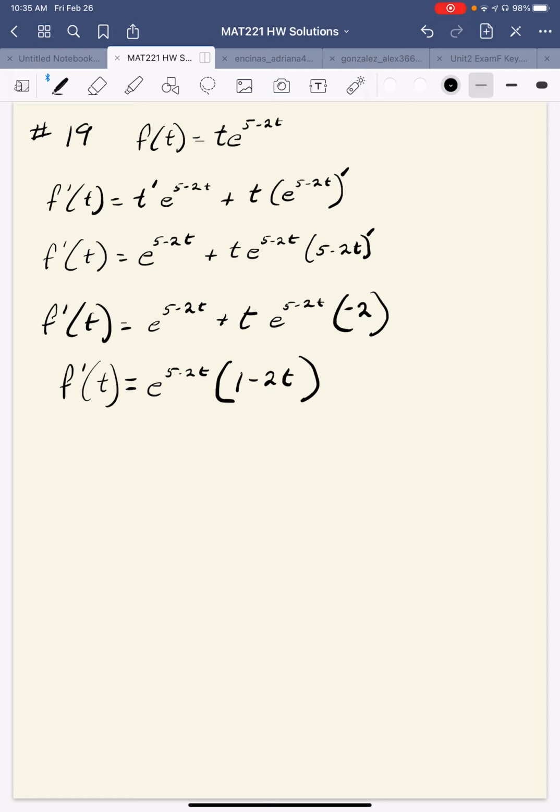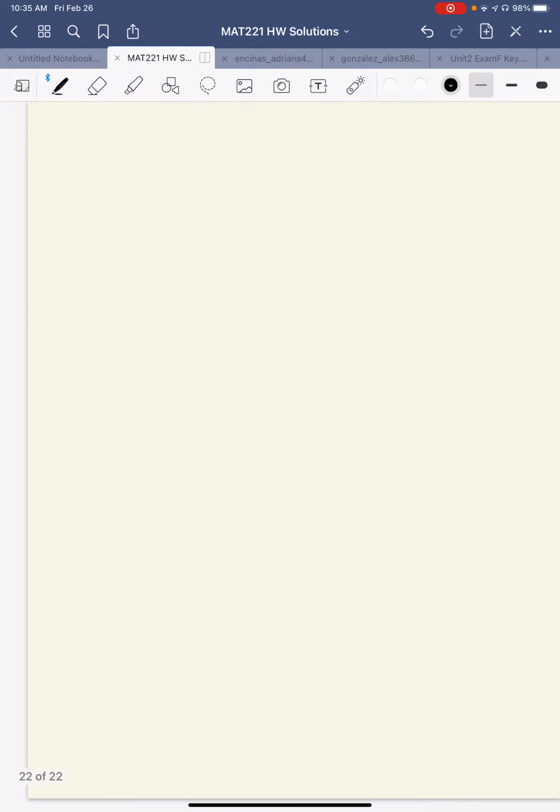All right, I want to do one more from this section. I'm going to do problem number 37. I'm going to flip to a new page just in case I need the space. So problem number 37.